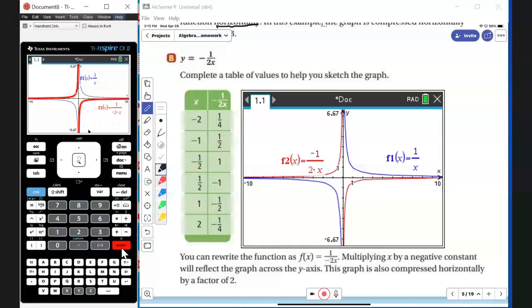And that's what it did. It reflected over the y-axis. You can rewrite the function as f of x equals 1/-2x. Multiplying x by a negative constant will reflect it across the y-axis. This graph is also compressed horizontally by a factor of 2.